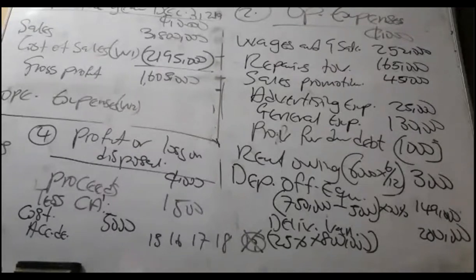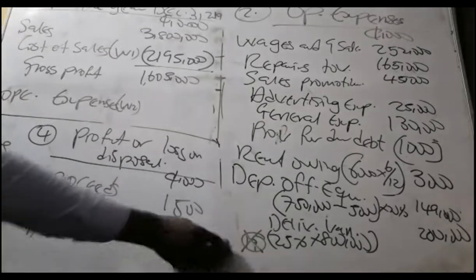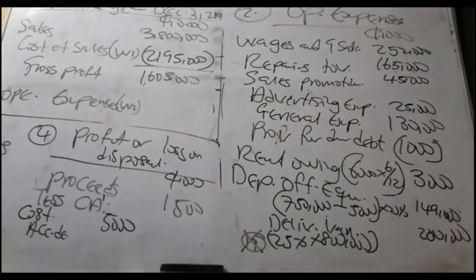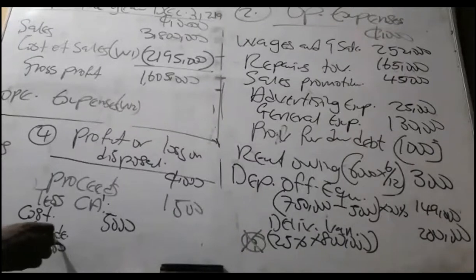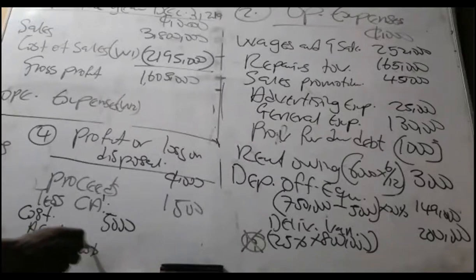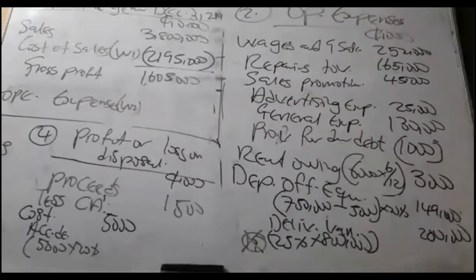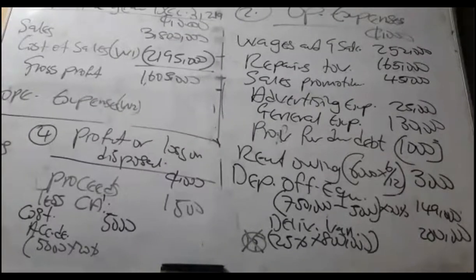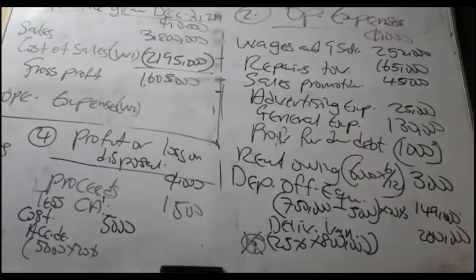Let's get the depreciation charge per year. For office equipment, the depreciation charge is 20% per annum. So that means the accumulated depreciation will be, open a bracket, tell the examiner that it is 5,000 times 20%. That will give us 1,000. That's the depreciation charge for a year.